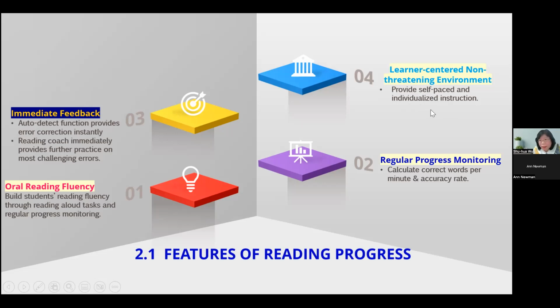However, because this program is individualized, they are allowed to have unlimited attempts of reading to complete the reading task. Therefore, learners feel highly motivated because the environment is much more relaxed and they can try as many times as they want before they submit their final result.